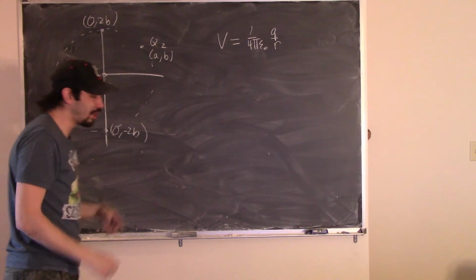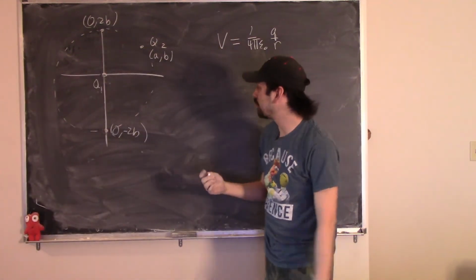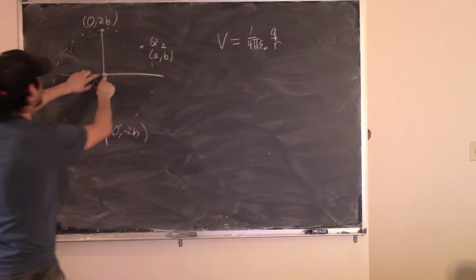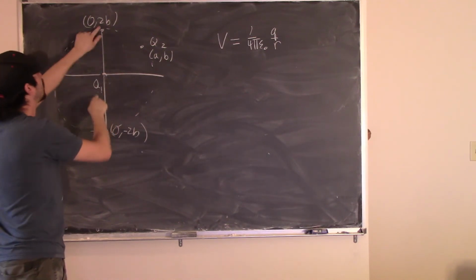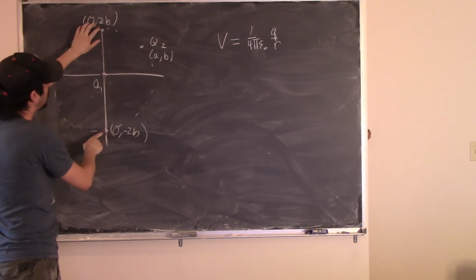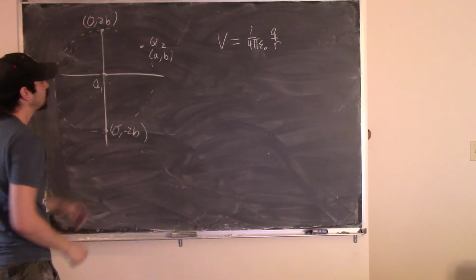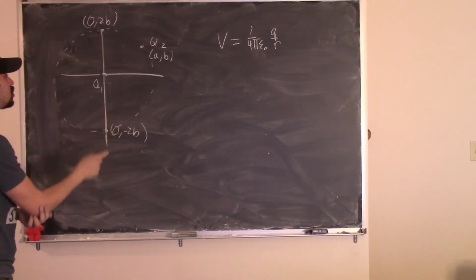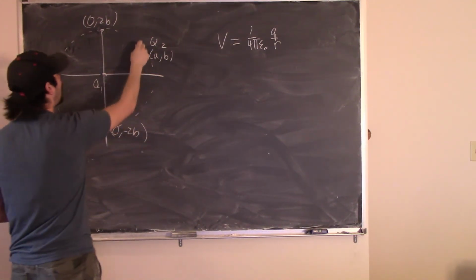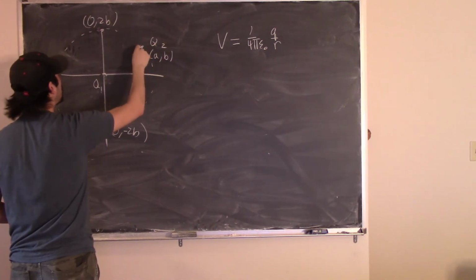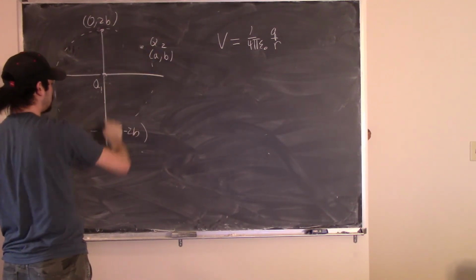And so when I take the electric potential difference from these two points, the contribution from this charge is going to cancel. So really the only portion I need is the electric potential that this one produces here and what it produces here.